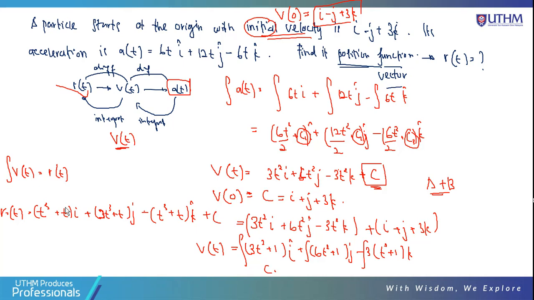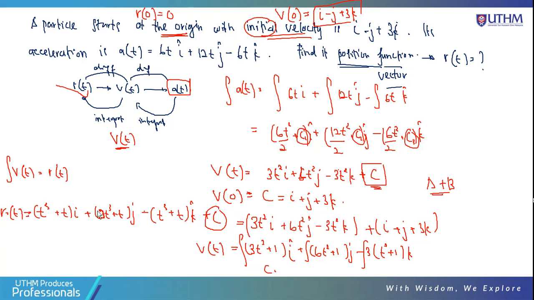So and then you need to solve for the C. So what is the initial condition for the C? Initial condition for C, they said here, a particle start at the origin. So bila start kat origin, that means r(0) equal to 0. Okay, so when you substitute t equal to 0, semua jadi 0 kan.